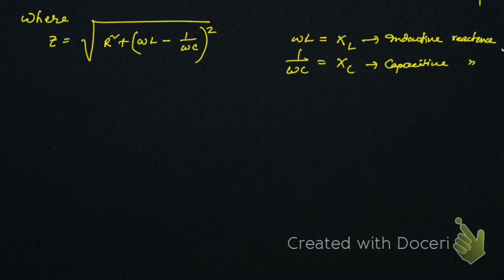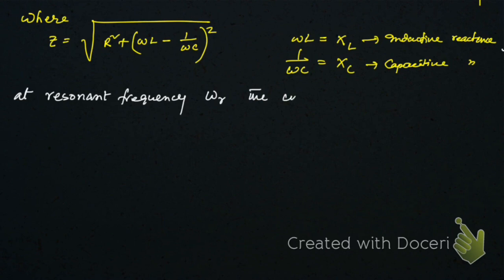Now you see, at resonant frequency omega r, the current is maximum, and XL is equal to XC.